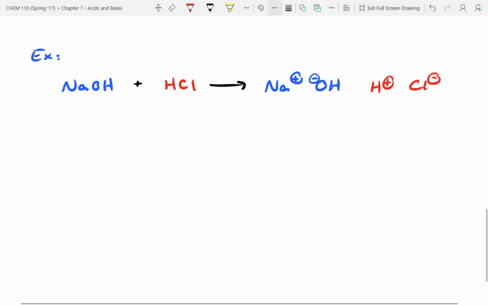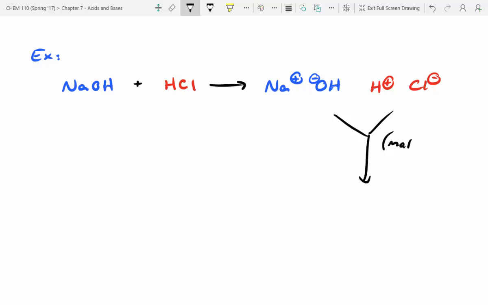Now what we need to do is combine them together in order to make water and salt. So let me put that in parentheses there.